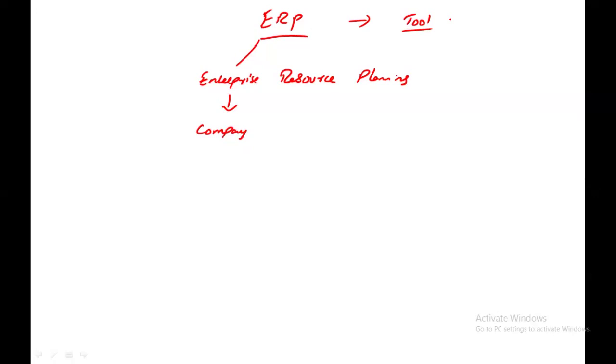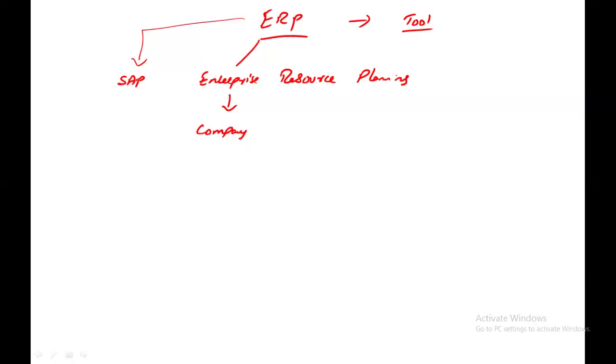So why I'm discussing regarding ERP here is, this course is regarding SAP. So SAP comes under ERP. Under ERP, there are a lot of softwares. We can call those as softwares or different tools.